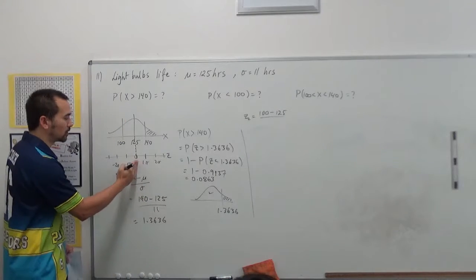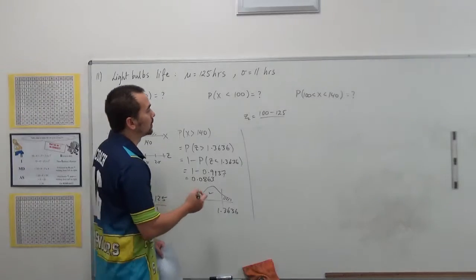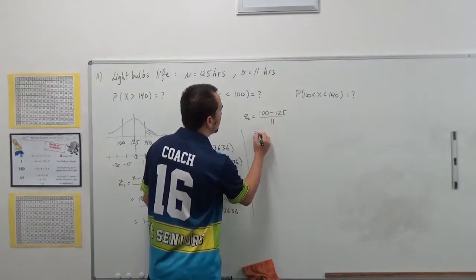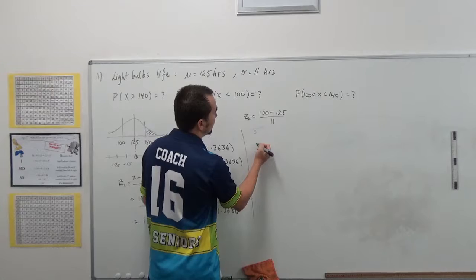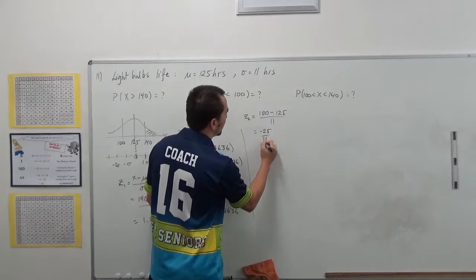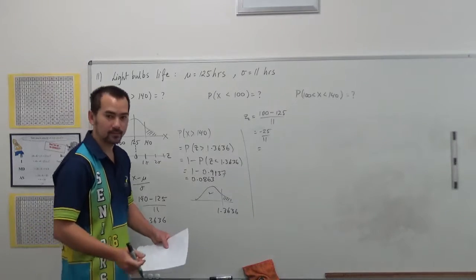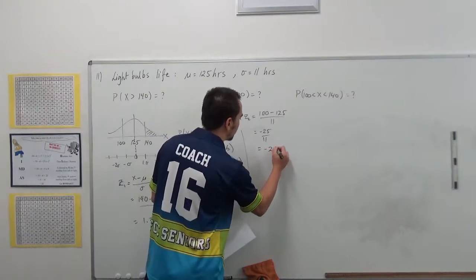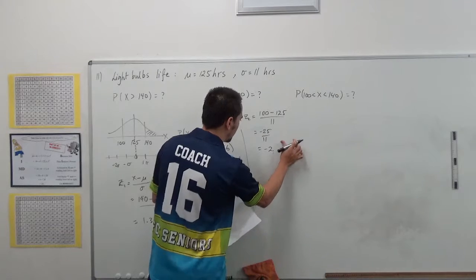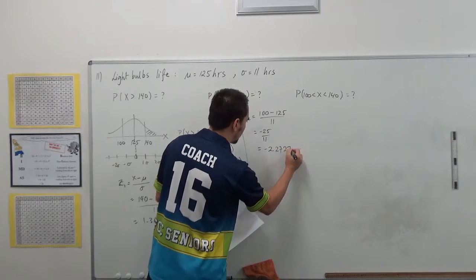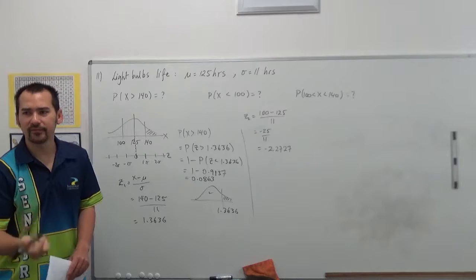So we're looking for a z-score on this side of the mu. And divide by 11, and comes to negative 25 divided by 11. We need a decimal. What's it come to? Negative 2.2727. You always use 4 decimal places.